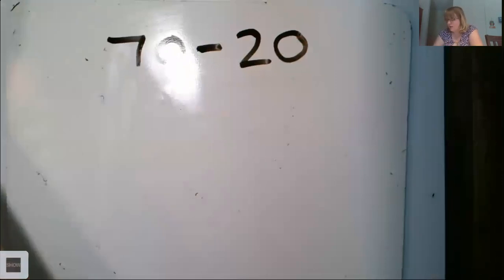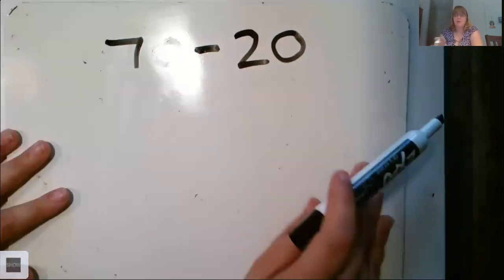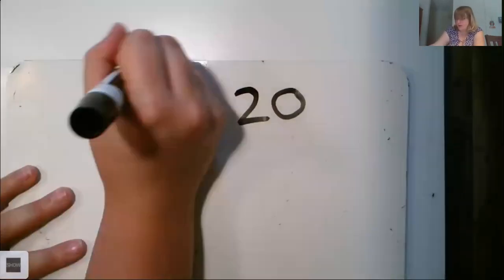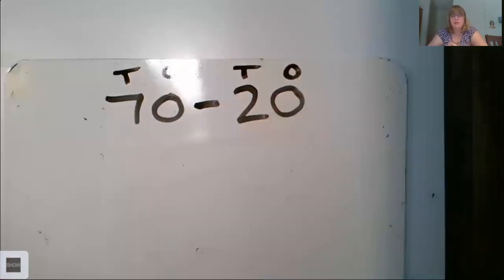And I want to look at these two numbers and think, how would I build them using my place value blocks? So if we think of our 10s and our 1s, both of these numbers have zeros in their ones place. So we don't need any ones cubes or circles for this model.